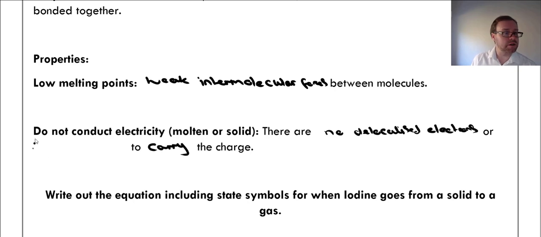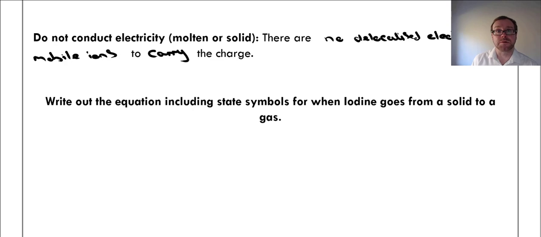Be a bit more specific, you'll get away with just saying ions, and I would say mobile ions to carry the charge. Obviously it's a covalent molecule, therefore it doesn't have any ions, it's not ionic, and there are no delocalized electrons because our only exception, we're talking about covalent compounds that you need to know, is graphite that has these delocalized electrons. And that also is a giant covalent structure.